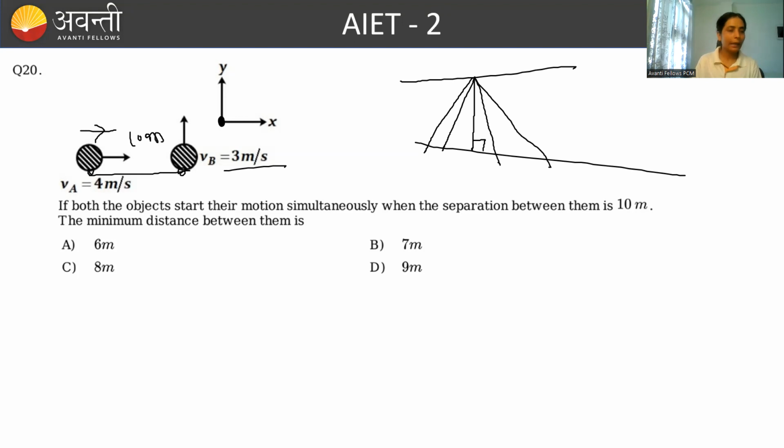It is asked that what will be the minimum separation after t equal to 0 with initial separation being 10 meters. कैसे निकालेंगे? So for such kind of question we go by using relative velocity concept. How? Let's see that here.